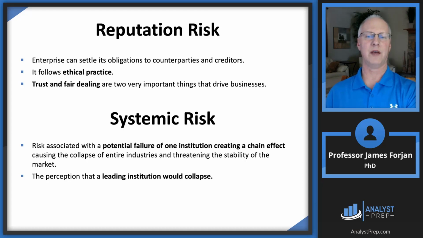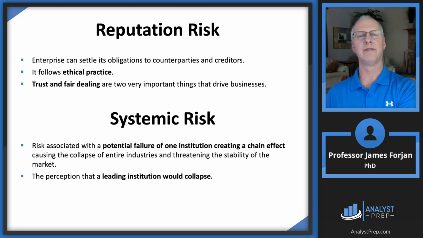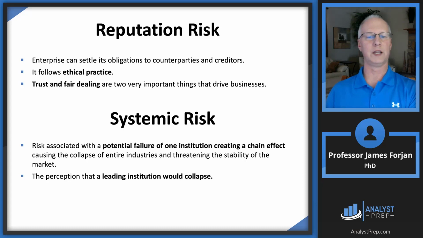Systemic risk has everything to do with one institution failing and creating a chain effect. We call that contagion in the academic world. And of course, the Fed and the politicians talk about too big to fail. And so one institution can be big enough that, if it fails, it would lead to a collapse of the entire economy.